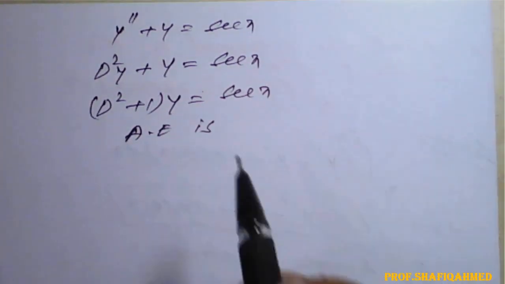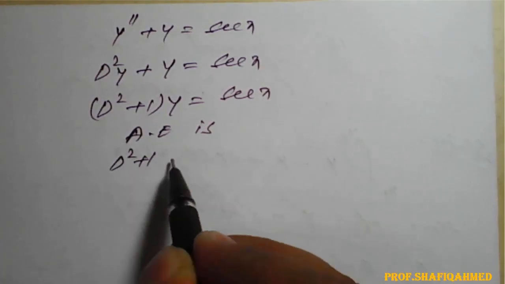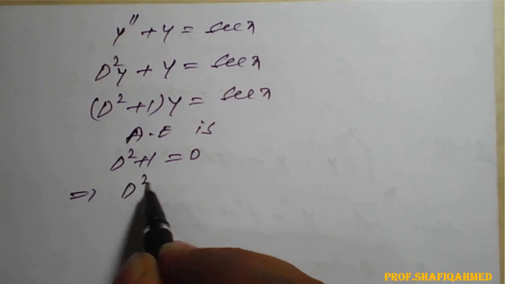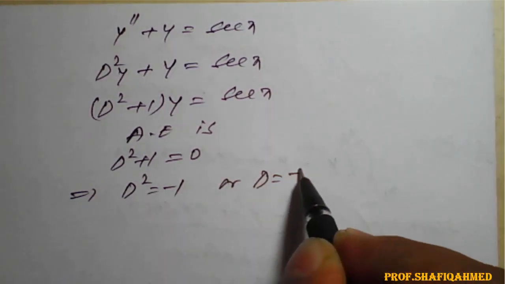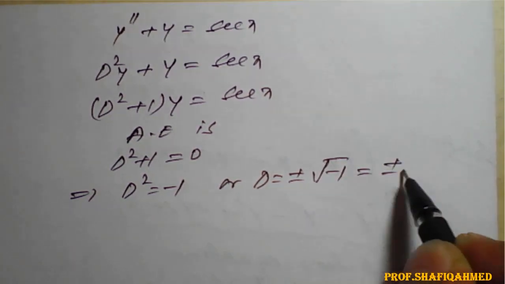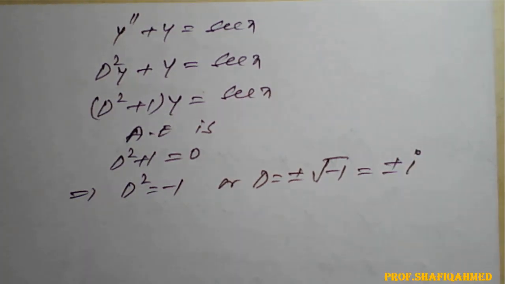The auxiliary equation is D square plus 1 equal to 0, which implies D square is equal to minus 1, or D is equal to plus or minus square root of minus 1, which is nothing but plus or minus i.